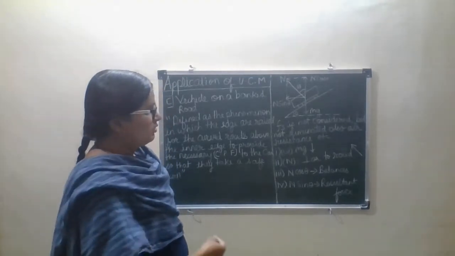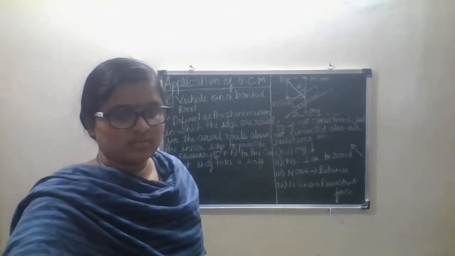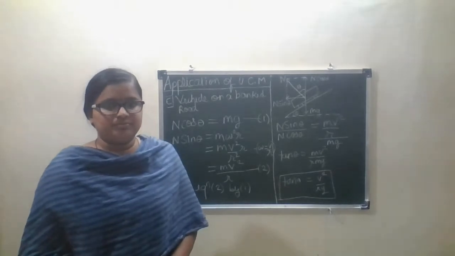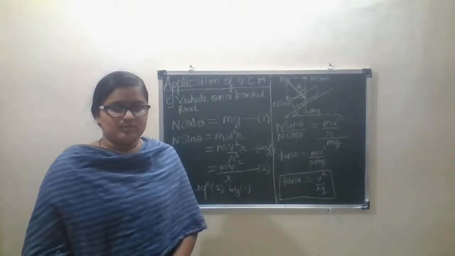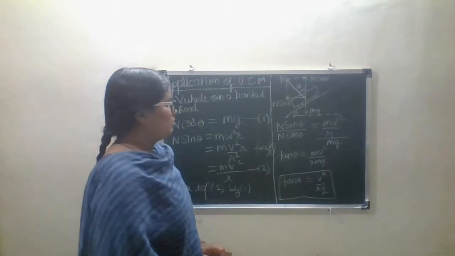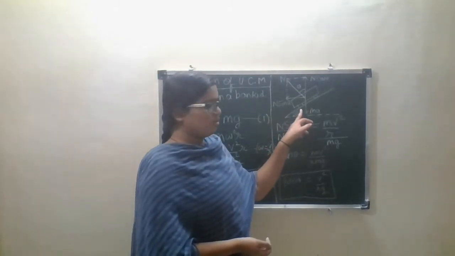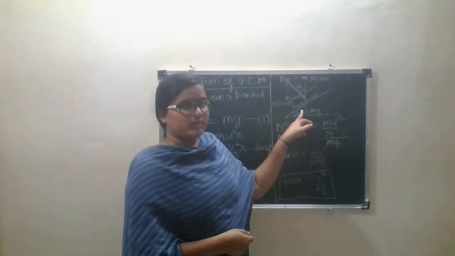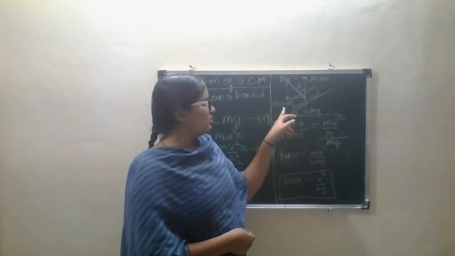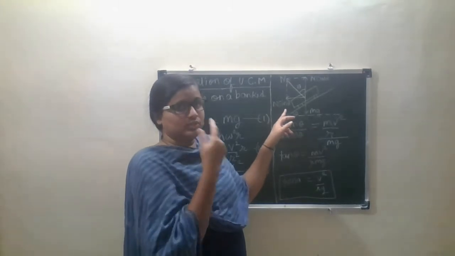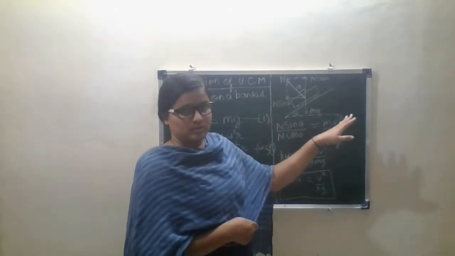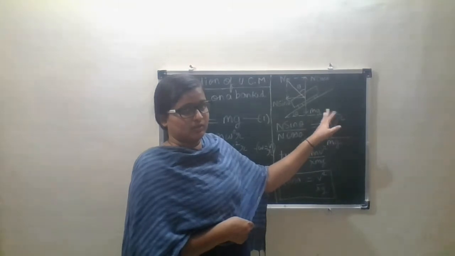Now we will derive the equation. The force of static friction between the tires, F of S, provides the centripetal force to the vehicle, and N sin theta, which is acting in the inverse direction, balances the centrifugal force directed outside.